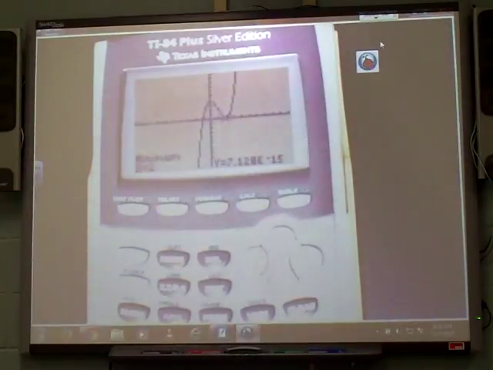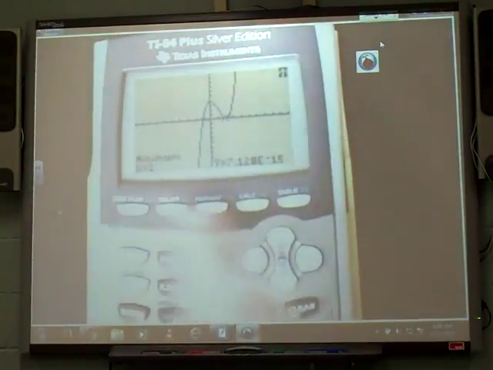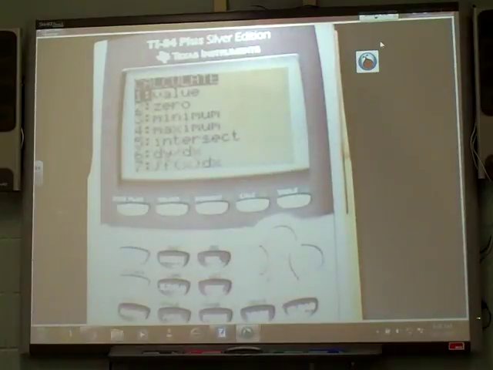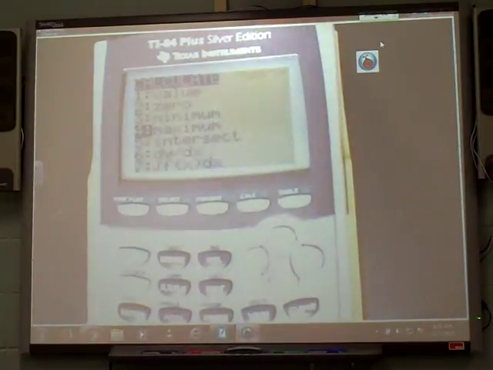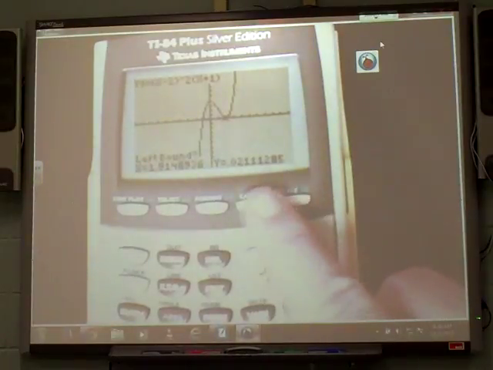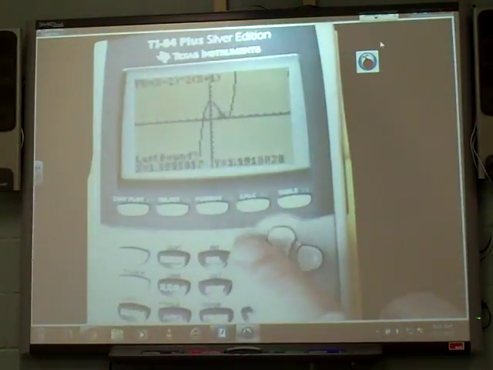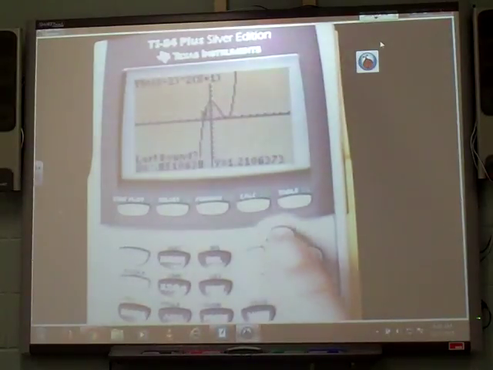We've got a local maximum up there where it hits the mountaintop. So let's find the maximum. So we're going to hit second calc. I'm going to do number 4 and find the maximum. So I got to go to the left boundary, so I got to move it over to the left side of that mountaintop. Somewhere right around in there.